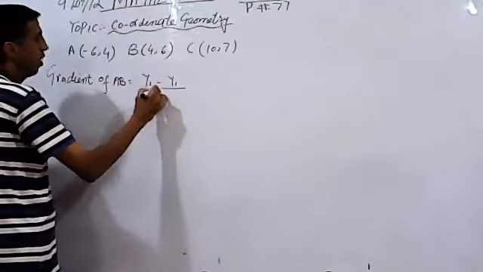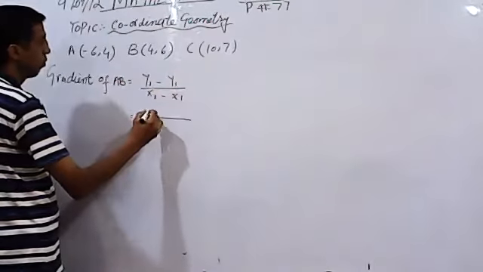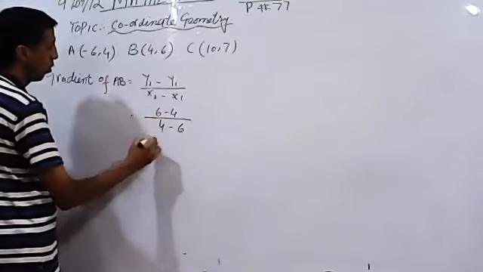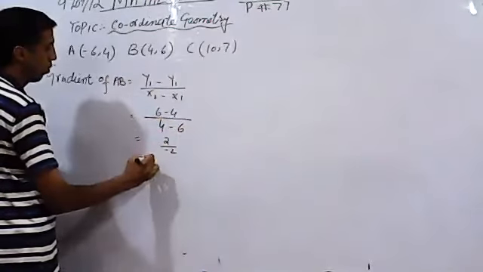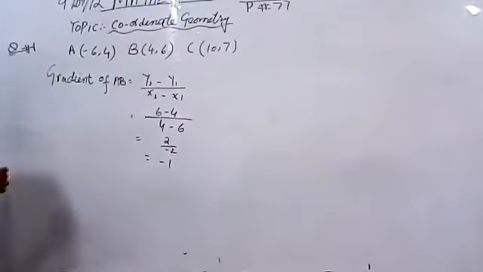Write the formula first. Now keep the value. The gradient of AB. Now the gradient of BC.